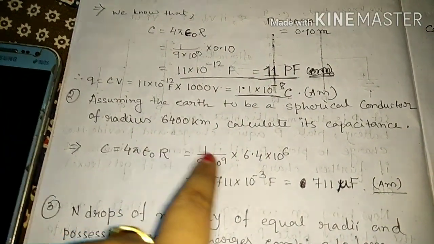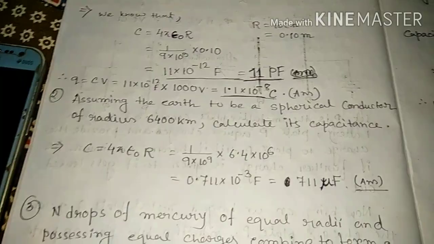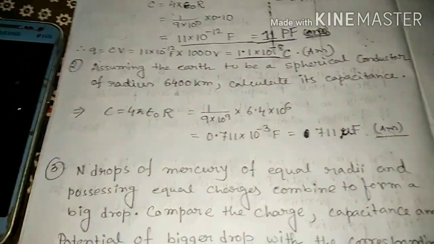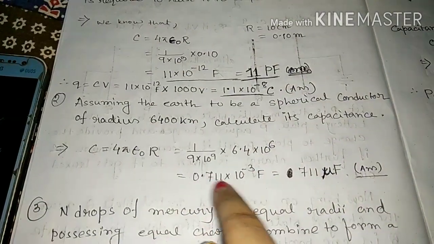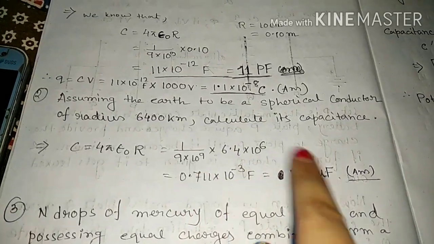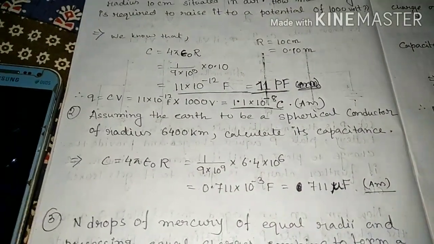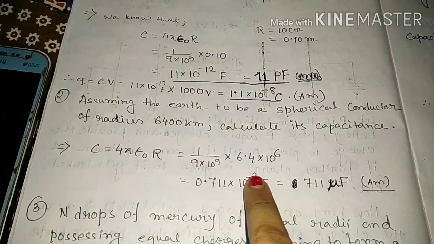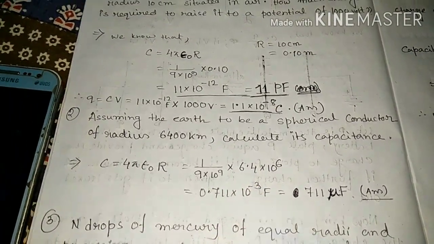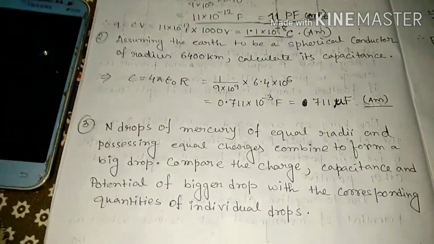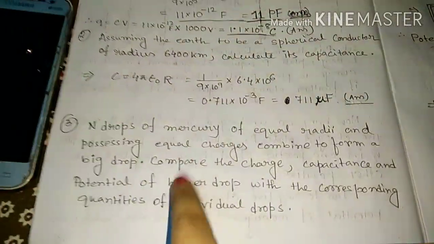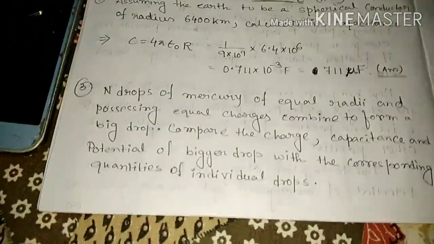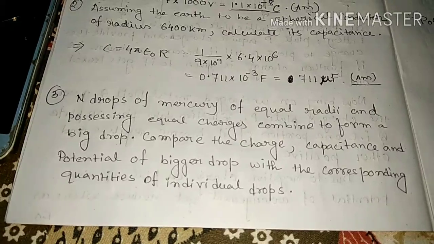We use this formula, put the values here, and we get 711 microfarad. If you forgot how to convert, you can write the answer as 0.711 into 10 to the power minus 3 farad.